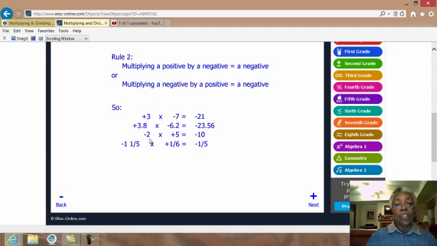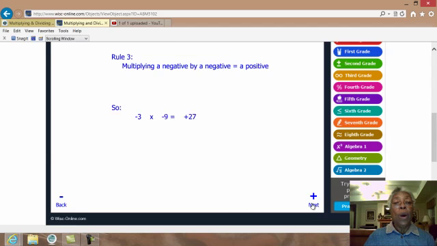A negative 2 times a positive 5 equals a negative 10. A negative 1 1/5 times a positive 1/6 equals a negative 1/5. Multiplying a positive by a negative equals a negative, or multiplying a negative by a positive equals a negative.